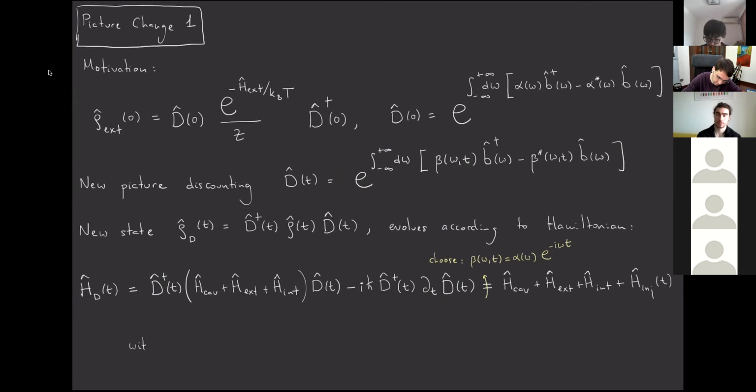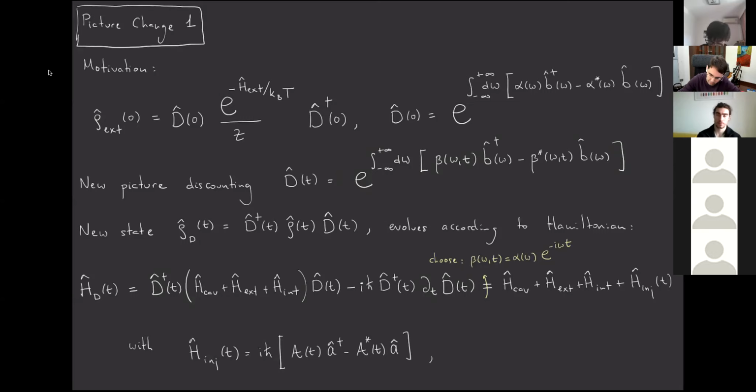In particular, this injection Hamiltonian can be written as just the following: A of t times A dagger minus A conjugate of t times A.